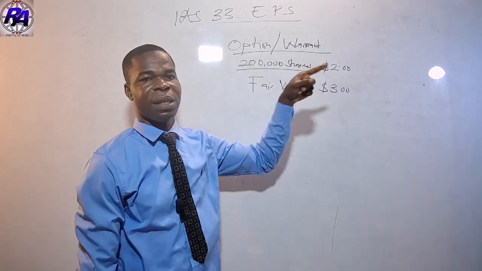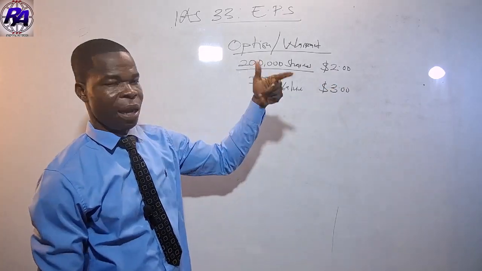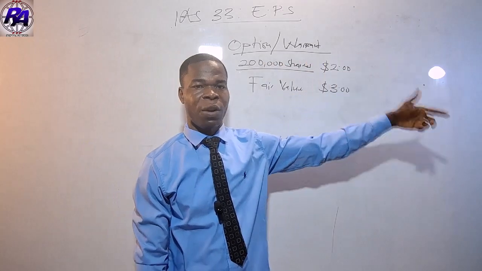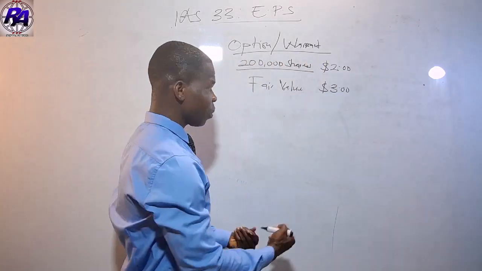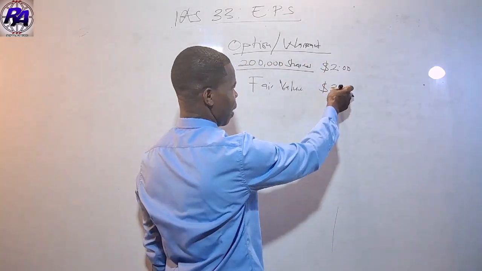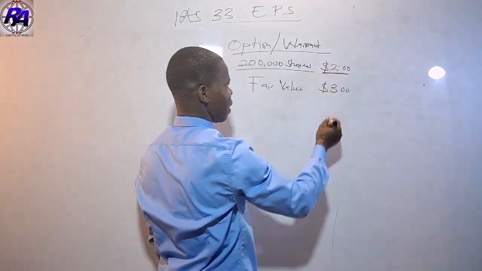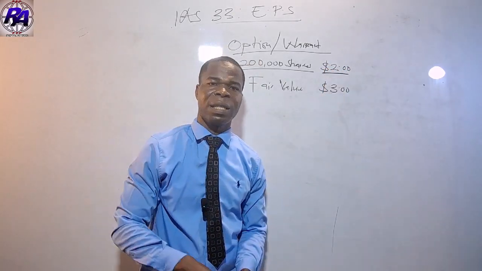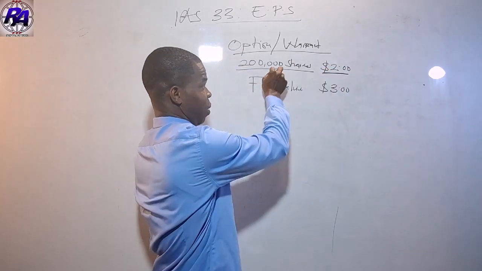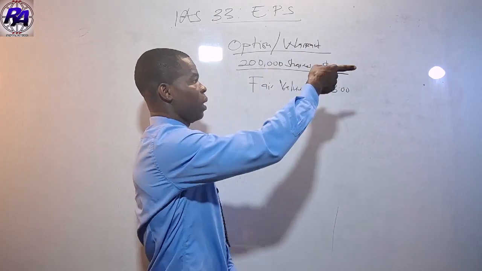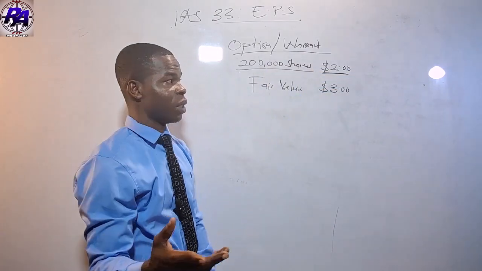Anytime this happens, it gives rise to our issue of dilution. Now, we are going to receive $2 per share, so you multiply this by this, you are going to get $400,000.